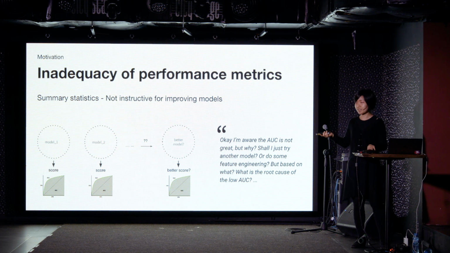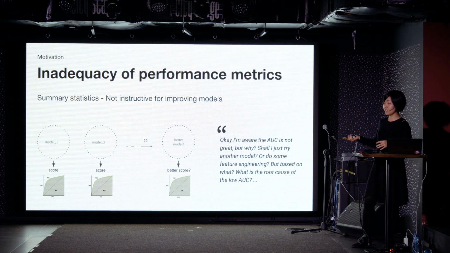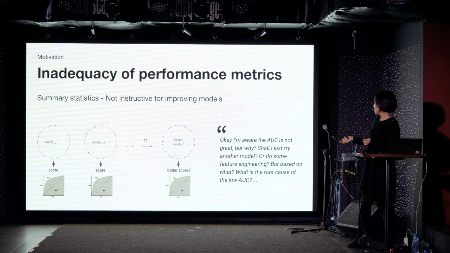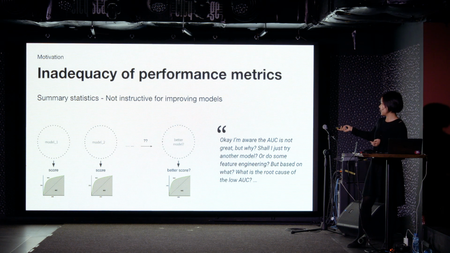Although the summary statistics are useful, they are not instructive enough for us to decide where to go from existing models. For example, I have Model 1 and Model 2, each gives me a score. I know which one is better than the other, but I don't necessarily know where to go on from there and how to develop a better model. Do I need to do more hyperparameter tuning, or do I need to do more feature engineering? It's quite unclear there.